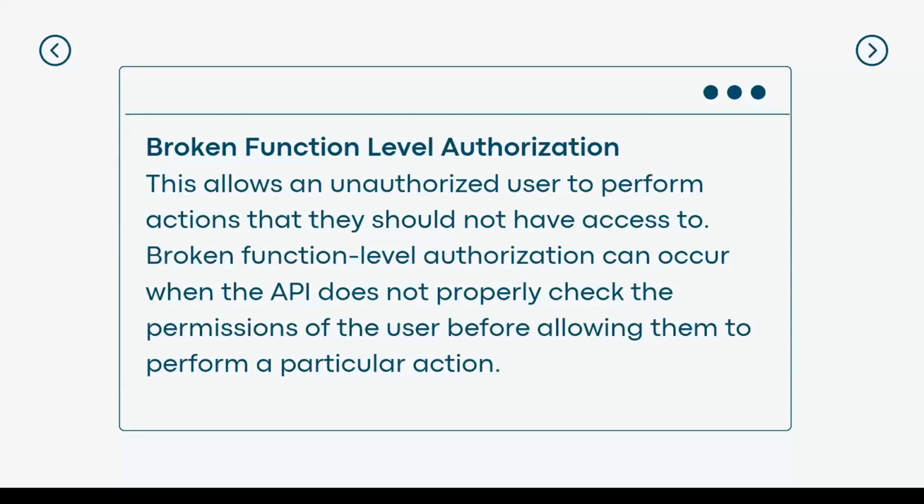If user A is able to delete a transaction that was made, or anything in user B's account, this is when an API is vulnerable to broken function level authorization. This vulnerability allows an unauthorized user to perform actions that they should not have access to.